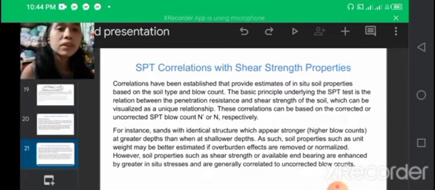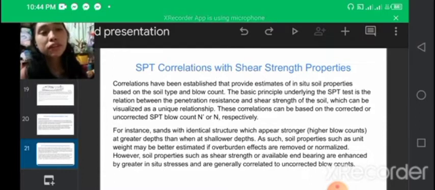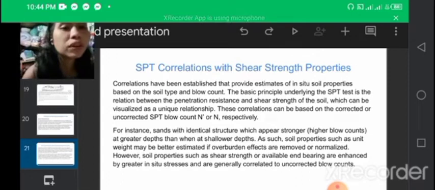So SPT correlations with shear strength properties. Correlations have been established that provide estimates of in situ soil properties based on the soil type and blow count. The basic principle underlying the SPT test is the relation between the penetration resistance and shear strength of soil, which can be visualized as a unique relationship.